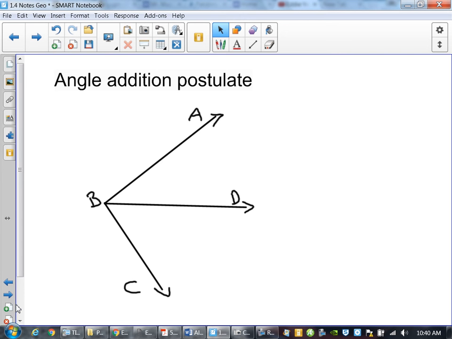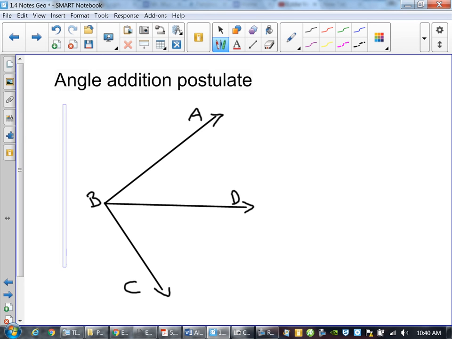So do you think that segment addition is going to be the exact same thing as angle addition? Guys, segment addition and angle addition are the exact same thing. Two smaller segments add up to equal the whole. What do you think is going to happen with two smaller angles? They add up to equal the larger. That's it. It's the exact same thing.